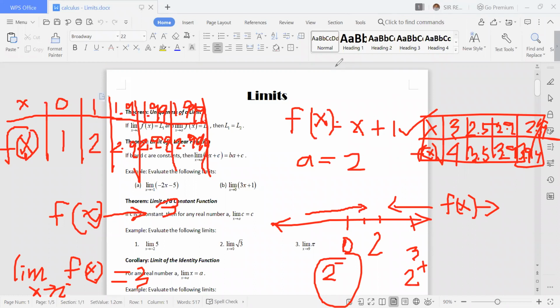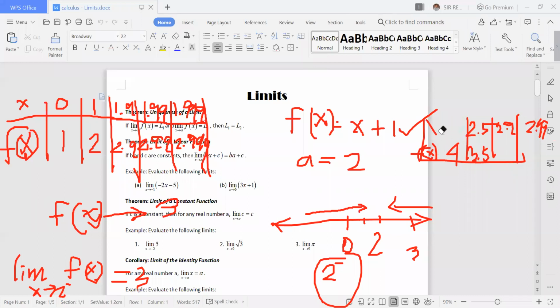There is something wrong in the values that we used. It is not getting closer and closer. Let me erase this portion for a while. The values we used are wrong.